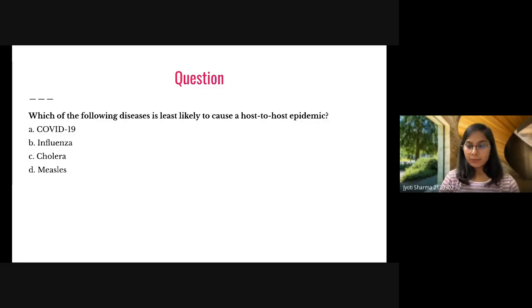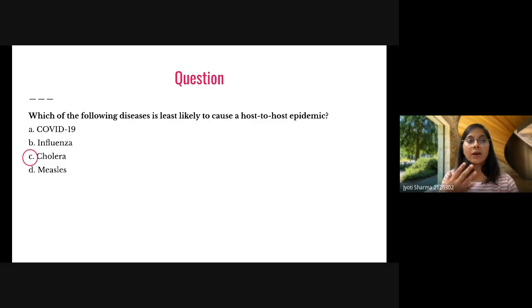Smita gave me an answer. Let me see which. She gave me C, and yes, I will also go with cholera, because you people know that cholera is caused when your water or food is contaminated. Only if a human or host takes that food, then they will get infected. But this is not host to host.